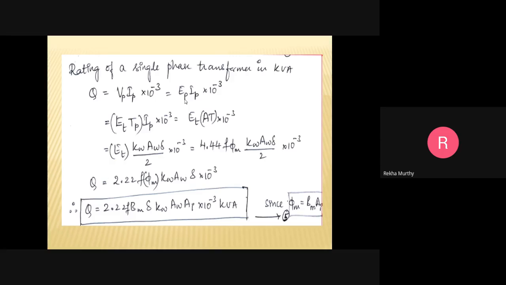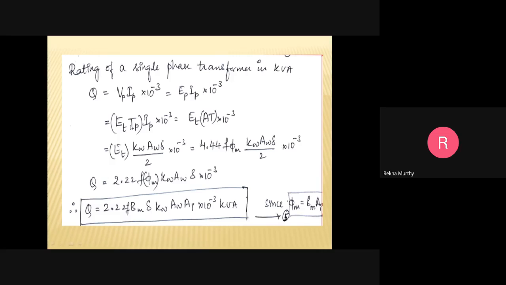Now EP divided by TP will give you what? EP is EMF, TP is turns. So EMF per turn is denoted as ET. ET means EMF per turn.